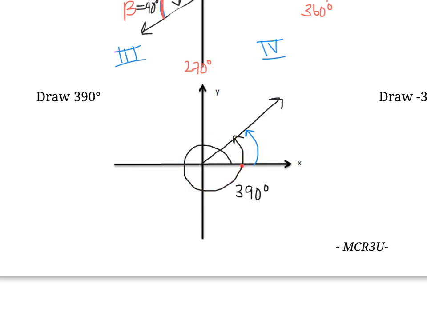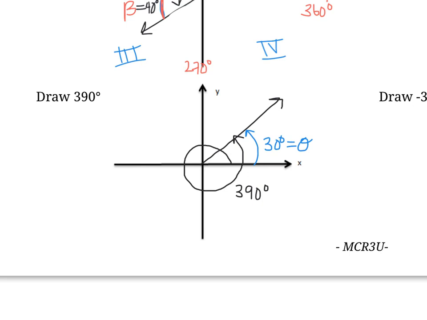How much extra do we need to go to make 390? Again, all the way around is 360. What's 390 take away 360? Well, it's going to be 30 degrees. This guy right here is just 30 degrees. And that is our principal angle, our theta.